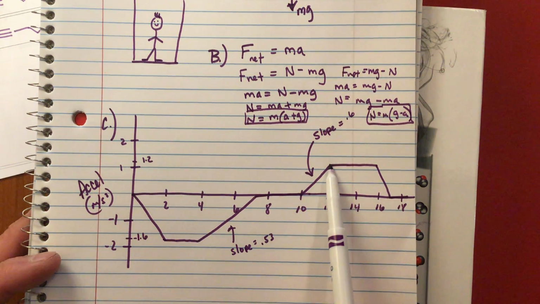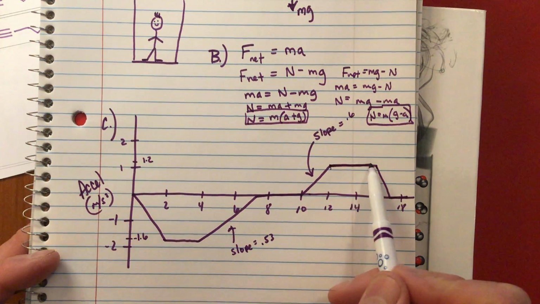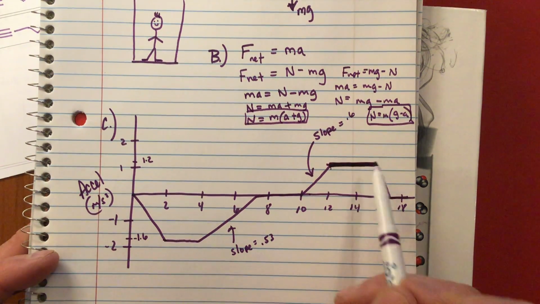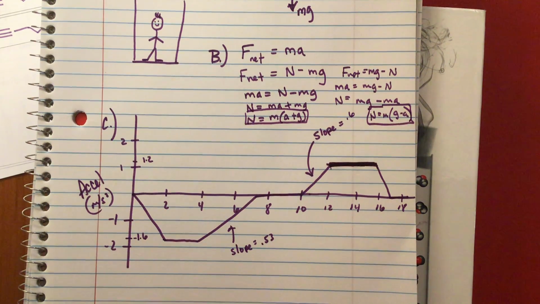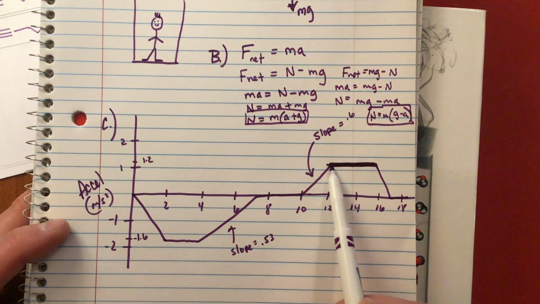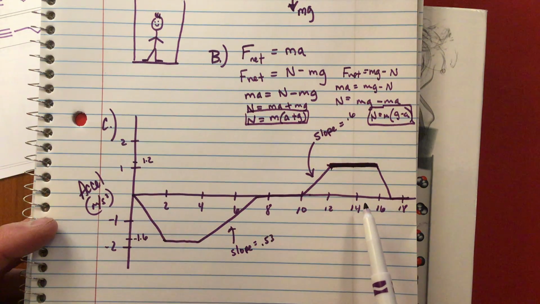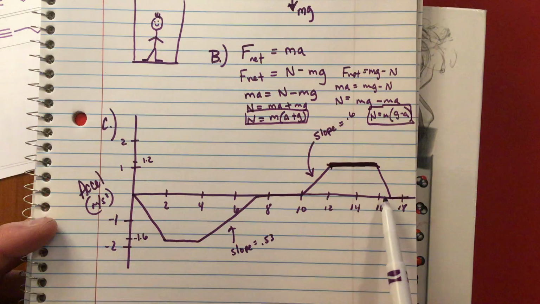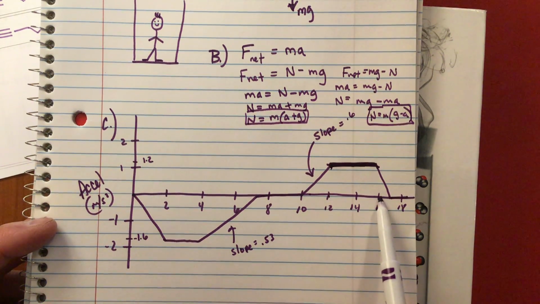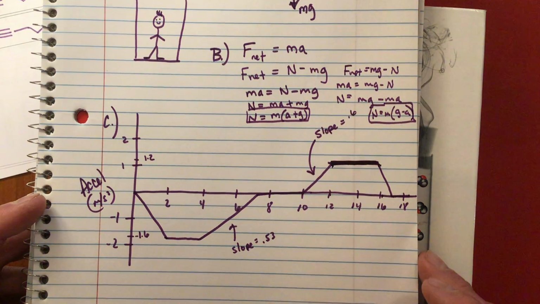So it would be during the segments of 12 seconds and 16 seconds. So my answer to C here, during what time intervals is the force exerted by the platform on the student of maximum value? I would say between 12 and 14 seconds. Or actually, sorry, 16. Between 12 and 16 seconds, our normal force is at a maximum.